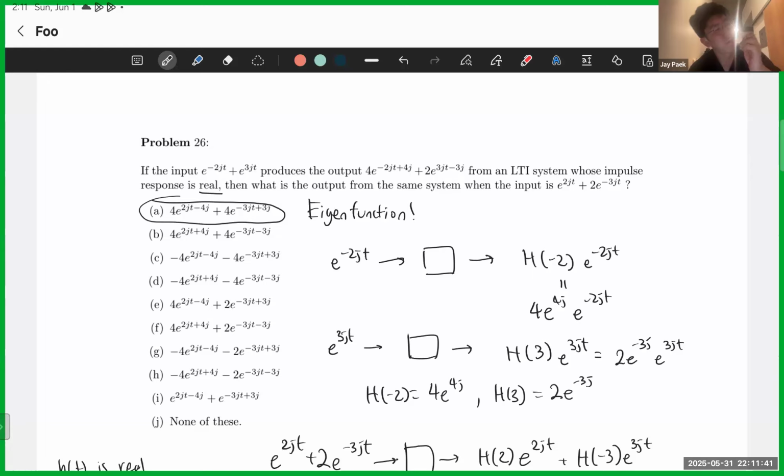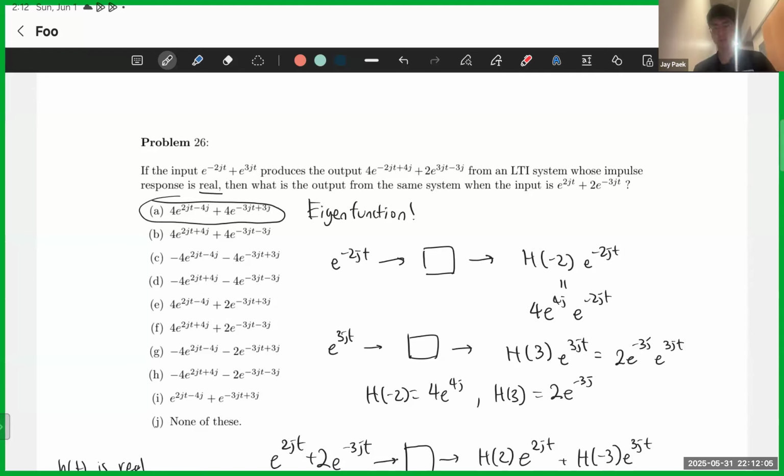I believe so. Yes, you are correct. If the question said it was even, then h of 2 would just be equal to h of negative 2.